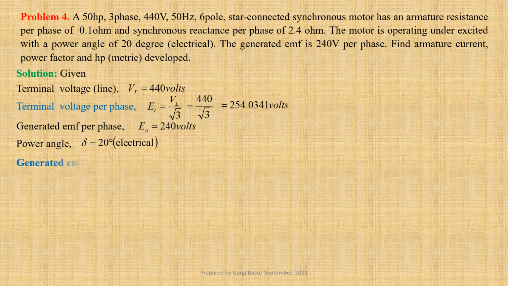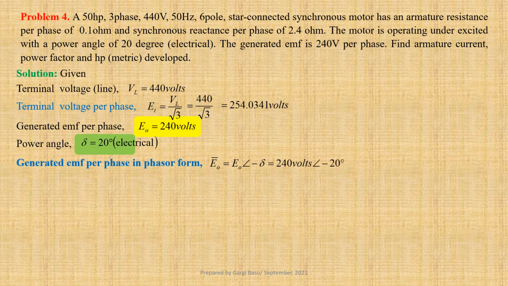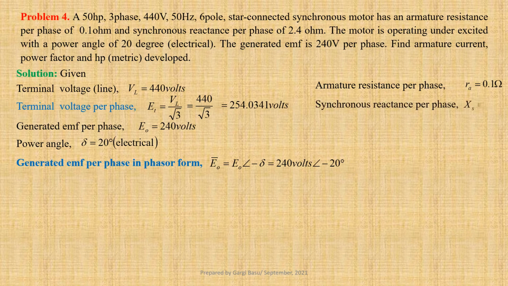Generated EMF per phase may be written in phasor form as E0 equals E0 at an angle minus delta, that is equal to 240 volts at an angle minus 20 degree. Given armature resistance per phase Ra equals 0.1 ohm, synchronous reactance per phase Xs equals 2.4 ohm.